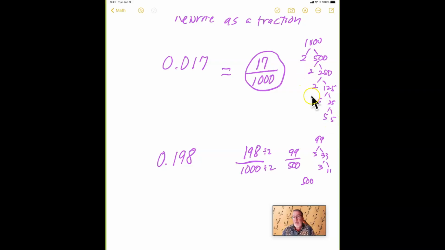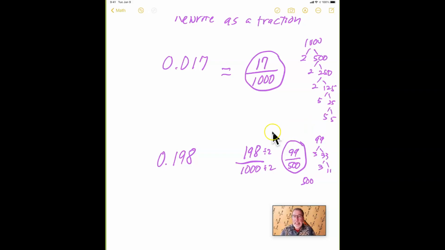So that's 2 squared times 5 cubed. There's no 2 or 5 in 99, so these will not reduce. They don't share any factors in common. So this is as far as we need to go: 99 over 500.